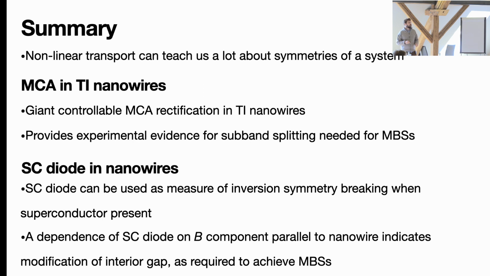Another nice thing about these non-reciprocal transport effects is the superconducting diode effect, which can also tell you about symmetries when I put the superconductor on top. That's important because if you want anything like a Majorana, you need something like spin-orbit coupling, and there are not many ways to actually measure that. So I think the superconducting diode effect is a really cool effect, mostly because it tells you a lot about the symmetries of your system.